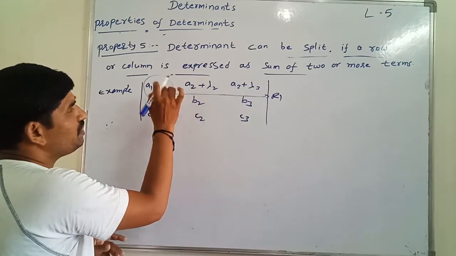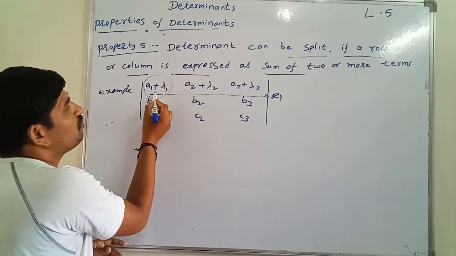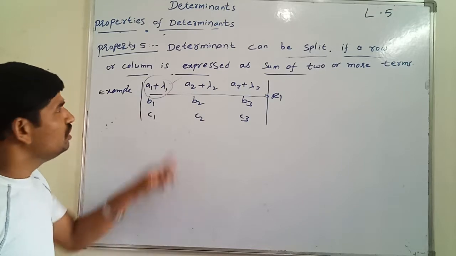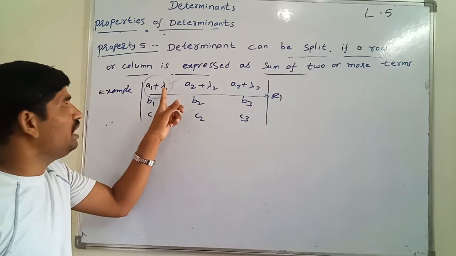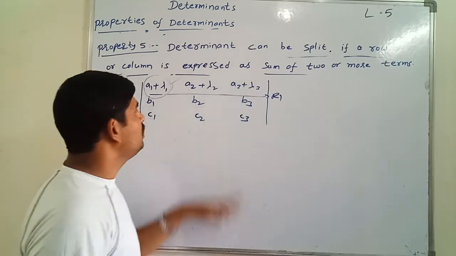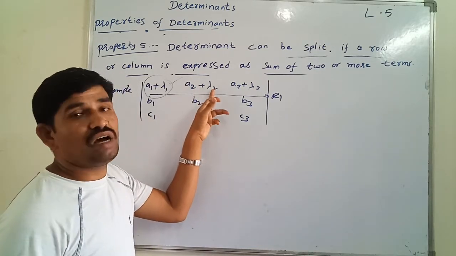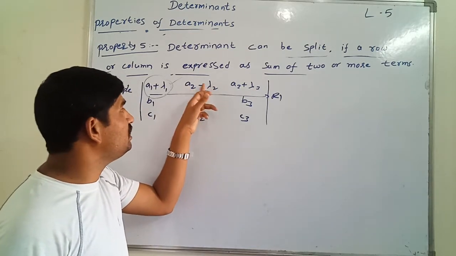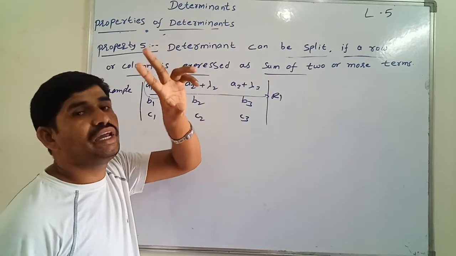This is the term in R1 which is a sum of two terms. a1 is one term and lambda 1 is another term. Similarly, a2 plus lambda 2 is again a sum of two terms.